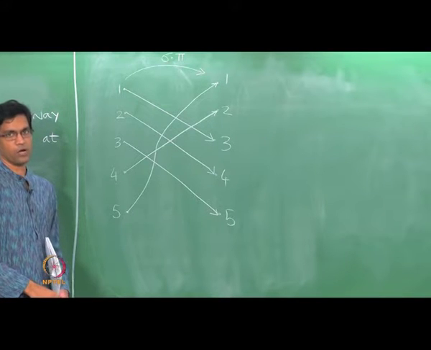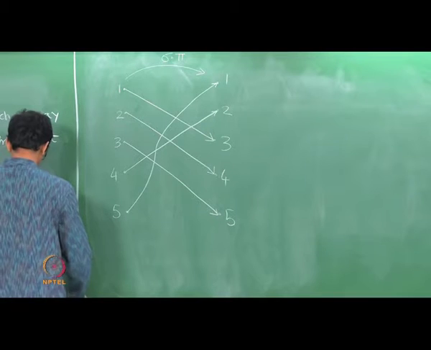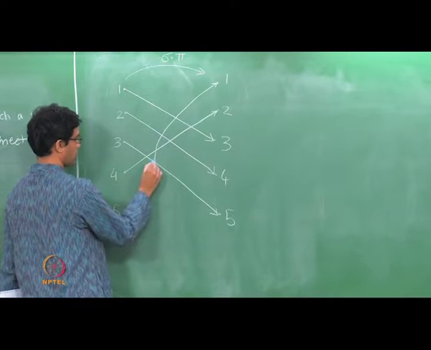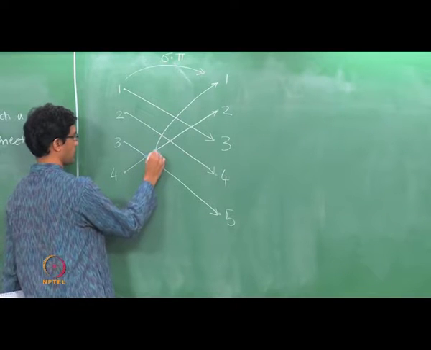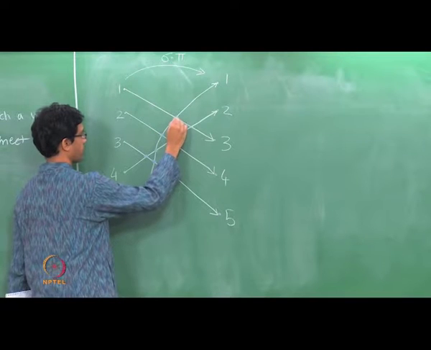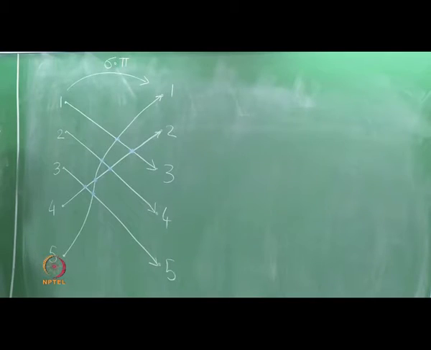Okay. So what I have drawn now is the diagram for the composition, and again let us count the number of crossings. So here is 1, here is another, here is another, 4, 5, 6, 7. So the number of crossings is 7.